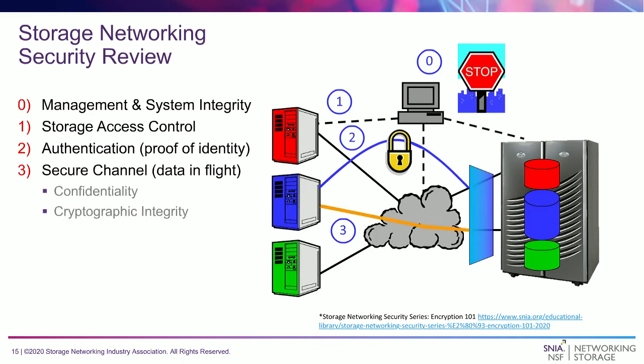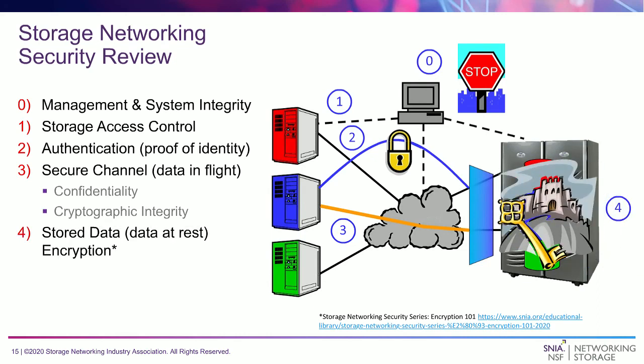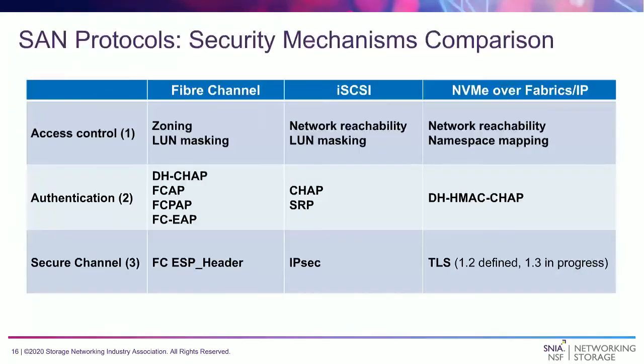And in order to be sure that there is no access to what is in transit, you need confidentiality and cryptographic integrity that are provided by various secure channel techniques. And in terms of the actual stored data, encryption of data at rest is a technique that will give you peace of mind.